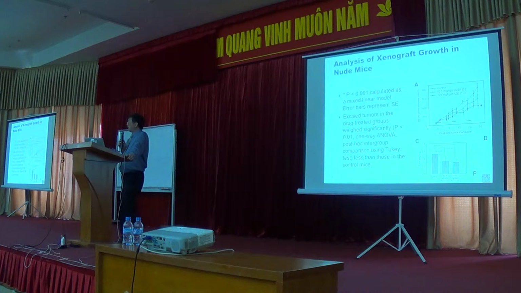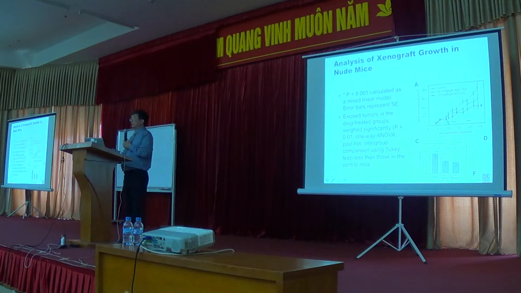So after you inject an equal number of human cancer cells into a group of mice, each mouse would grow a tumor. And how fast does that tumor grow? There's individual variability depending on the mouse.